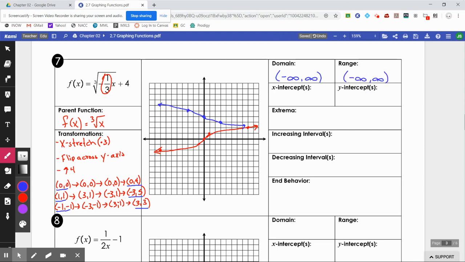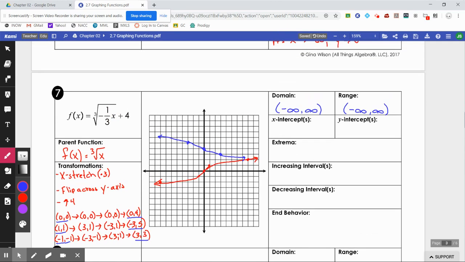X-intercepts and y-intercepts, again, to find an x-intercept, and we'll work this one out for you, you're going to set the entire thing equal to 0. We're going to move our 4 over, so that would give you the cube root of -1/3 x is equal to -4. To get rid of a third root, you raise the other side to the third power.